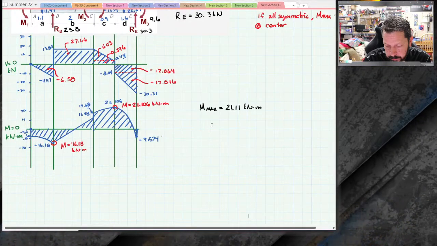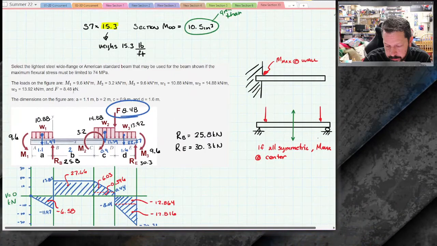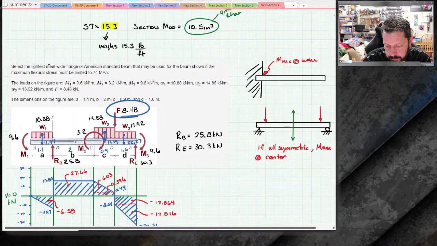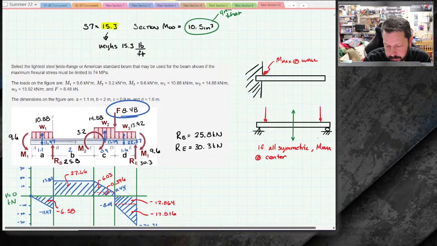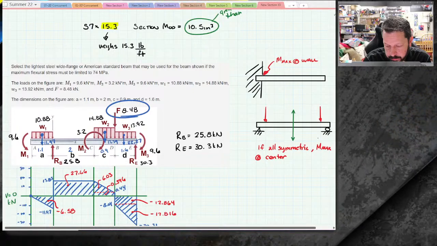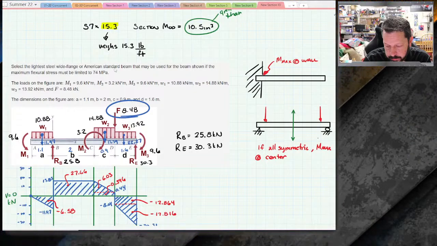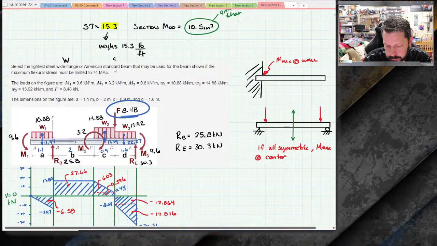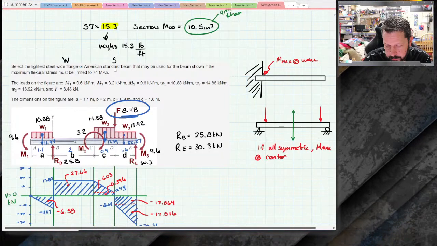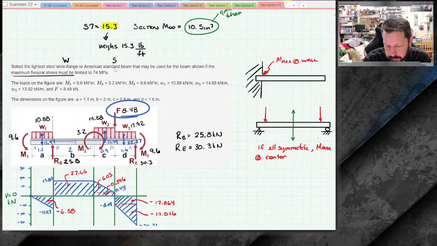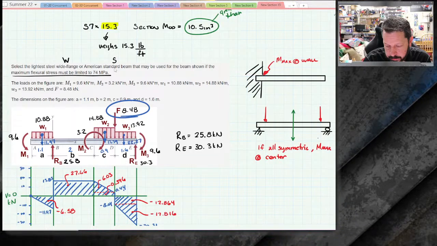All right, so what do we do with that? The problem is saying we want to find the lightest steel. So steel is just telling us the strength of the material. Wide flange or American standard, so W, this is a W beam, and this is an S beam, so we have to look through both charts. That may be used for the beam shown if the maximum flexural stress must be limited to 74 megapascals.